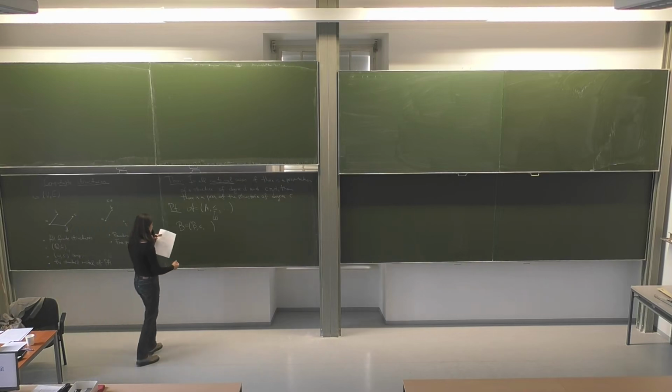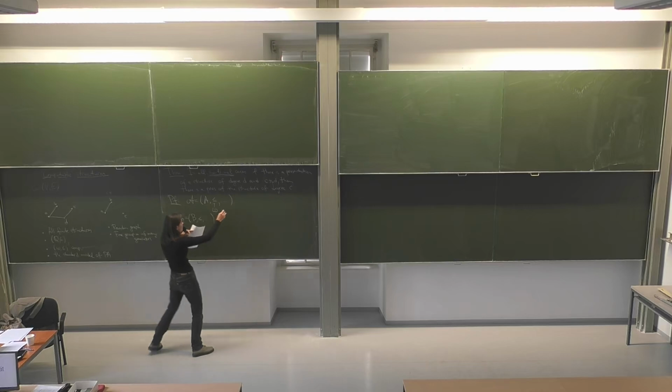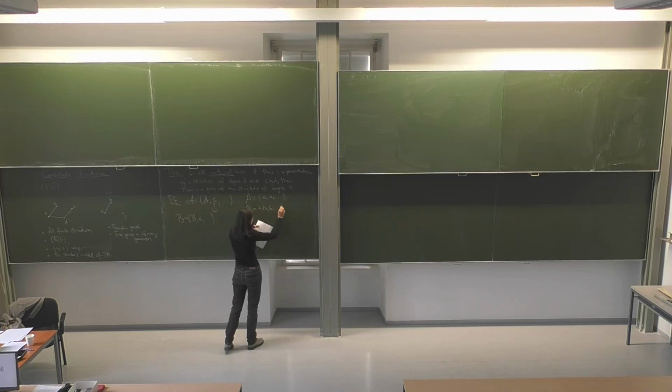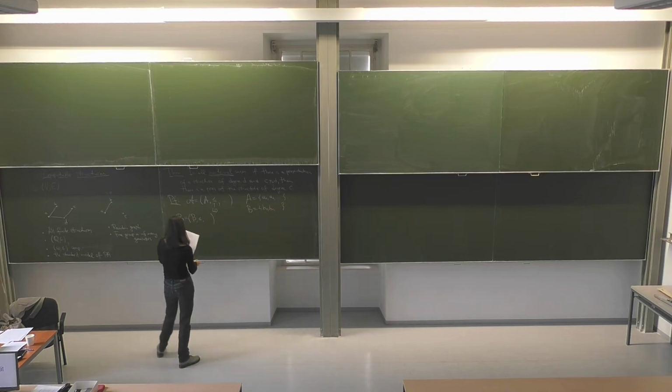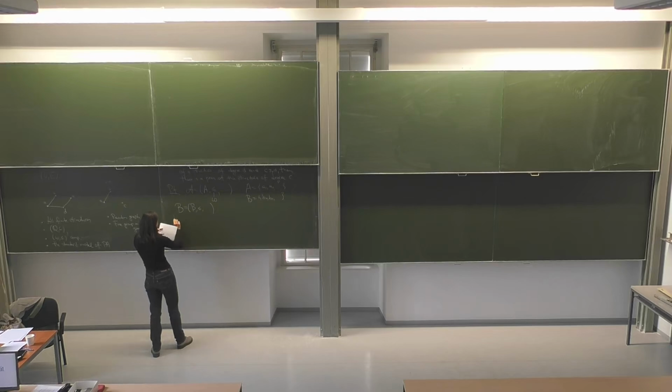Let's say A was the set A0, A1, and so on, and the set B is the set B0, B1, and so on. And we define a one-to-one function f from A to B.